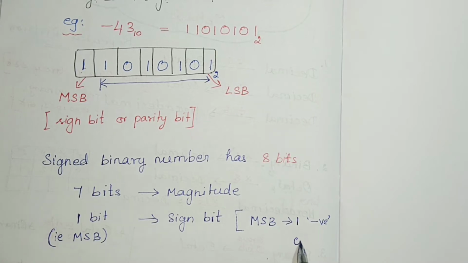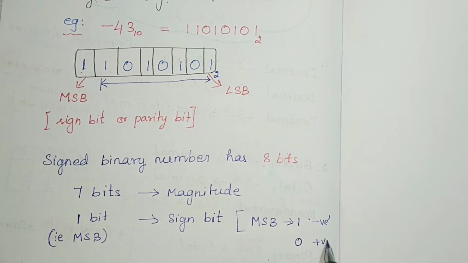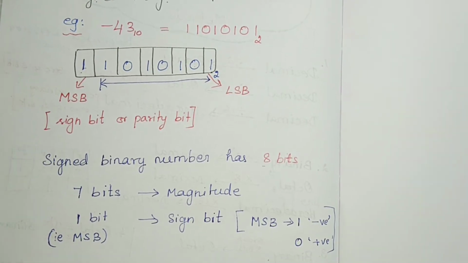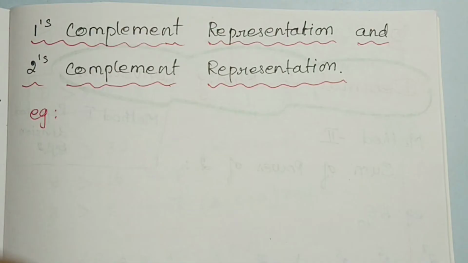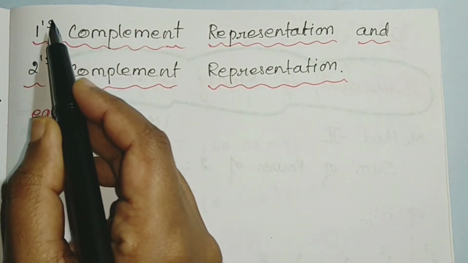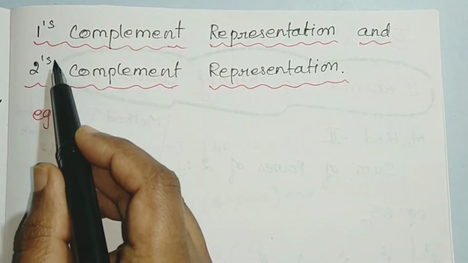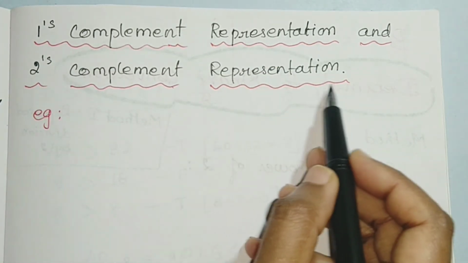And if the most significant bit is 0, then it is a positive number. So here I have written a binary number for a negative decimal number. Now let's learn how to represent a binary number for a given negative decimal number. Here we use 1's complement representation and 2's complement representation.